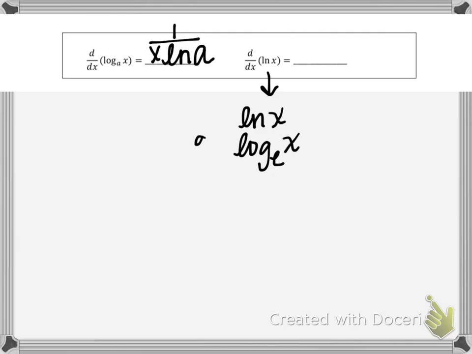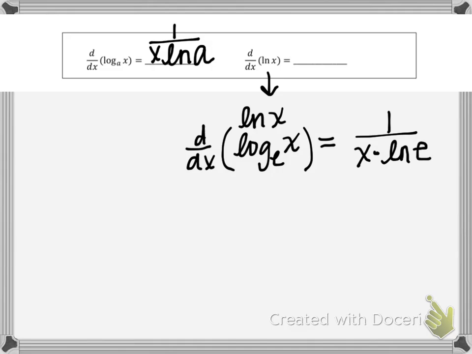So if we think about taking the derivative of log base e of x using the formula that we just came up with, that would give us 1 divided by x times the natural log of the base, and in this case our base is e. But remember, the natural log of e is actually equal to 1. Therefore, this derivative simplifies to be just 1 divided by x. So the derivative of natural log of x is simply 1 over x.